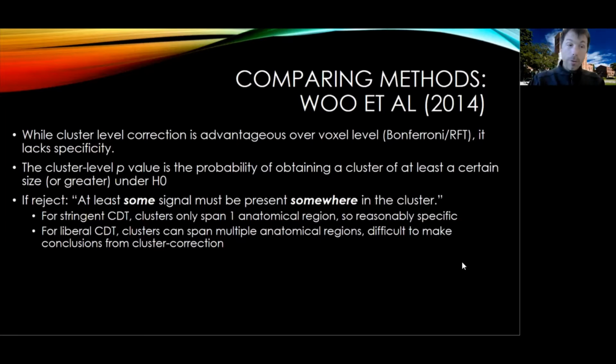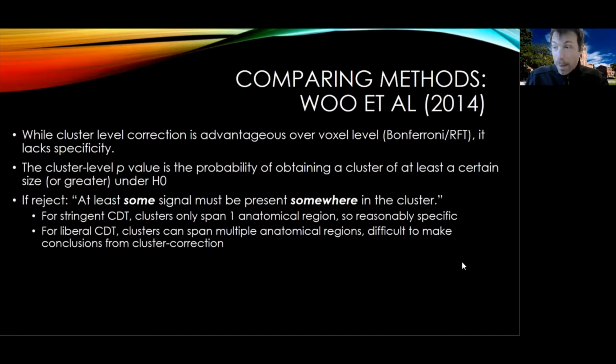pretty reasonable, pretty localized anatomical claim. On the other hand, if you use a very liberal threshold, which means a very low cluster-determining threshold, so a low Z value, then the clusters that you get can actually end up spanning many different anatomical regions.